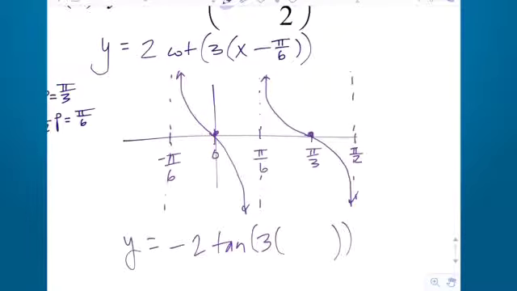Do we need to shift it at all here? Nope, because we're looking for an inflection value, and again, we already have one at 0. So if you just want to call it -2 tangent of 3x, you don't even need parentheses around it. That's good. Or tangent of 3 parentheses x minus pi thirds. That works too.